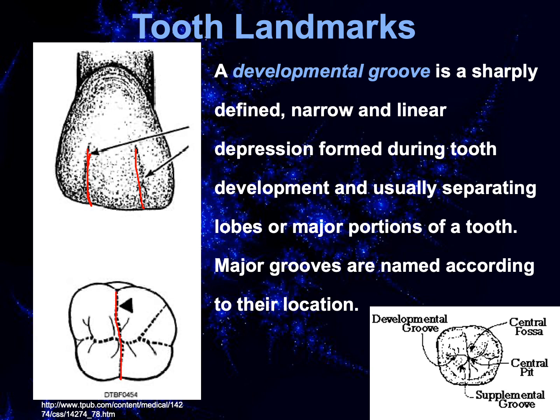For example, here lobes, which are portions of the tooth that form defined portions of the teeth during development, and then they join each other. So this was a lobe, this was a lobe, this was a lobe, and when they merge together, sometimes a developmental groove is seen between them. In this molar, for example, the developmental grooves are separating the cusps of the tooth.